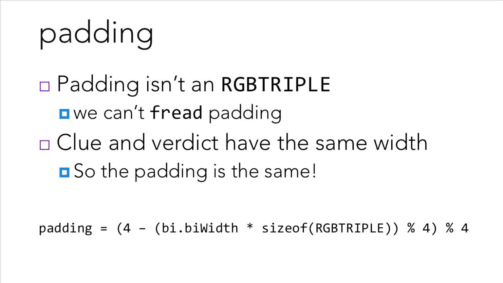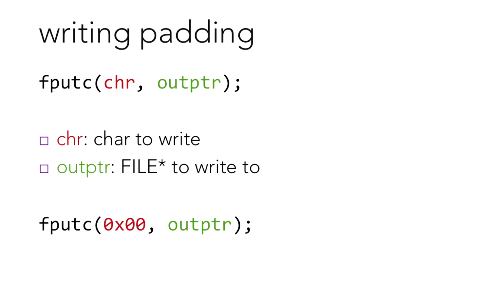Now that we have the formula for how much padding we need, now we can write it. Now, I mentioned before, padding is just 0, so in that case, we're just putting a char, in this case a 0, into our out pointer, our out file. So that can just be fputc 0, out pointer.